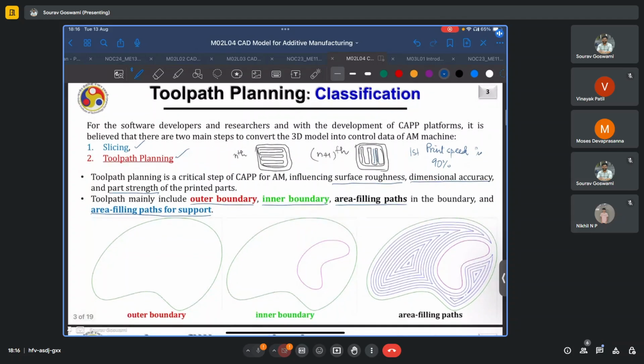And here we have the illustration of the different parts which are required in toolpath planning. So you have the outer boundary or the exterior contour, the inner boundary or the interior contour highlighted in magenta here, and the area filling paths which you see in blue. And in this case, they are of the contour parallel type.